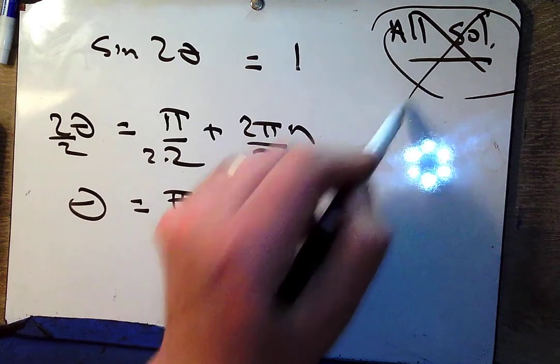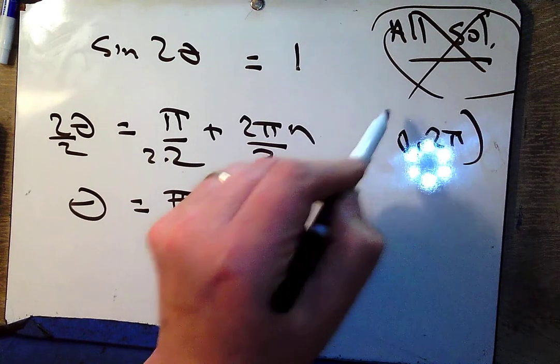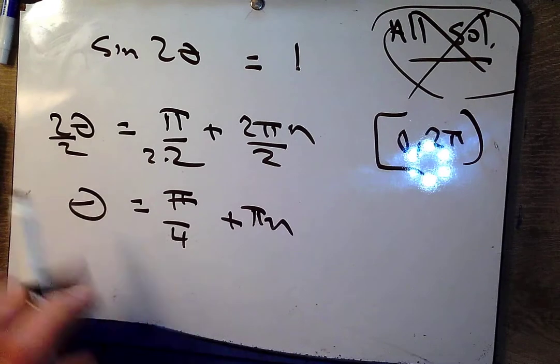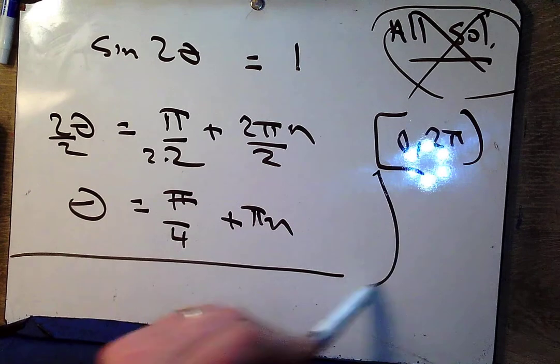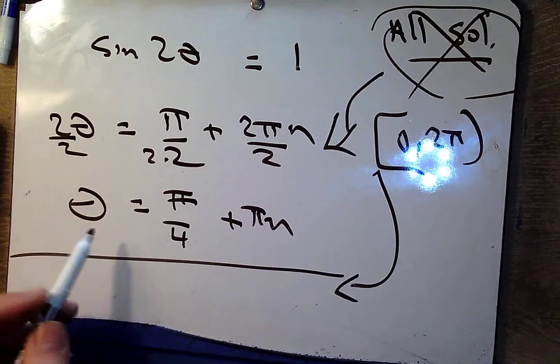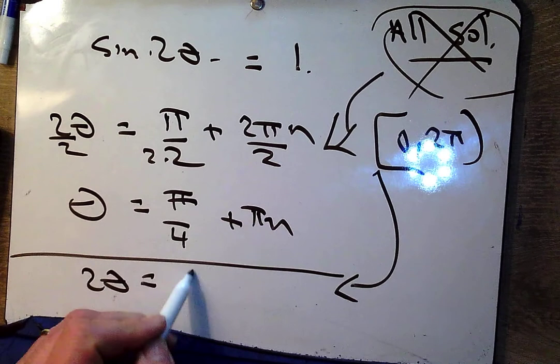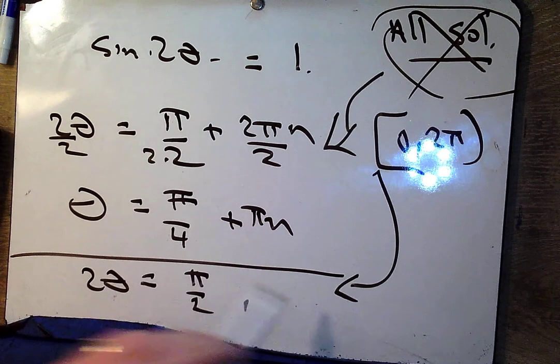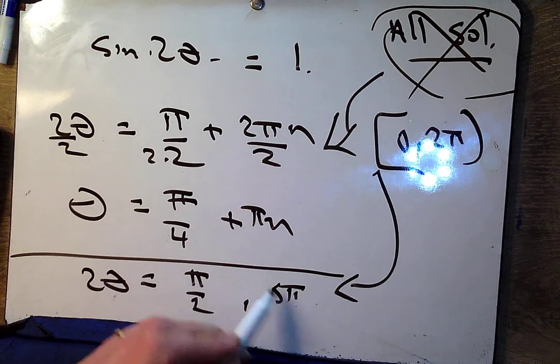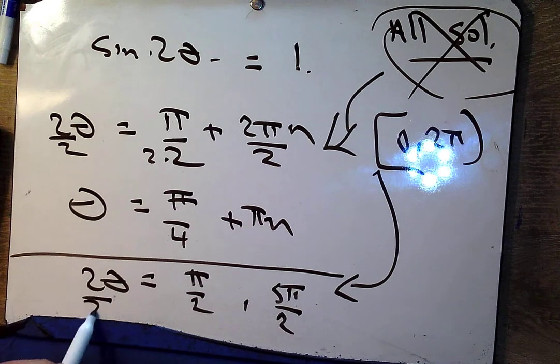If I wanted 0 to 2 pi solutions, well, that's when I have to go around the unit circle twice. So when does sine equal 1? Well, that happens at pi over 2, but I go around again. That also happens at 5 pi over 2. And then I divide everything by 2.